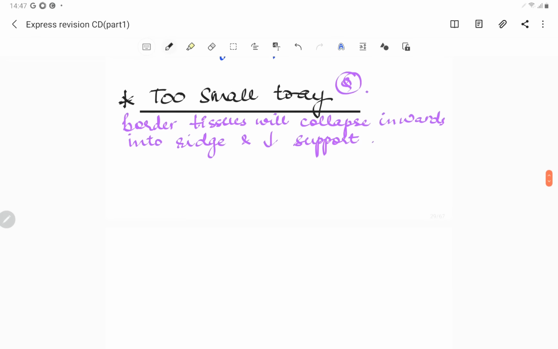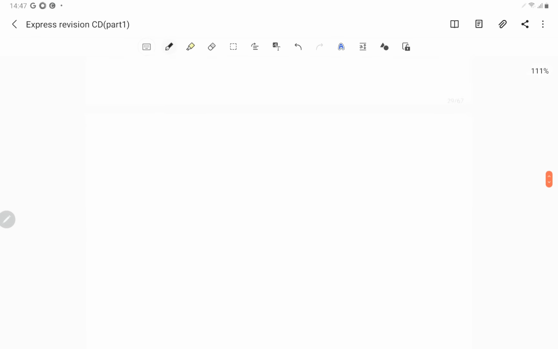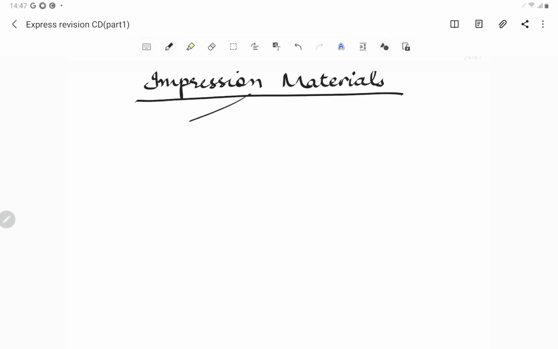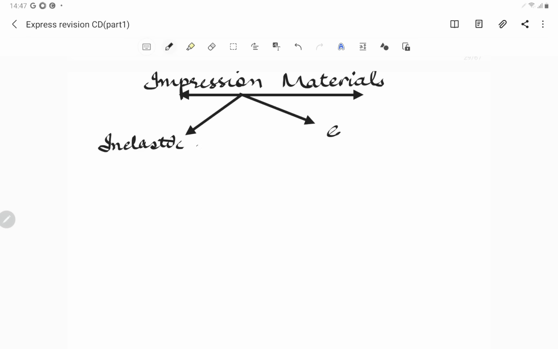Since we are talking about impression materials, let's talk a little bit about the materials. Even though we will be covering impression materials in dental materials in detail, the impression materials are classified majorly into two groups: inelastic and elastic impression materials.